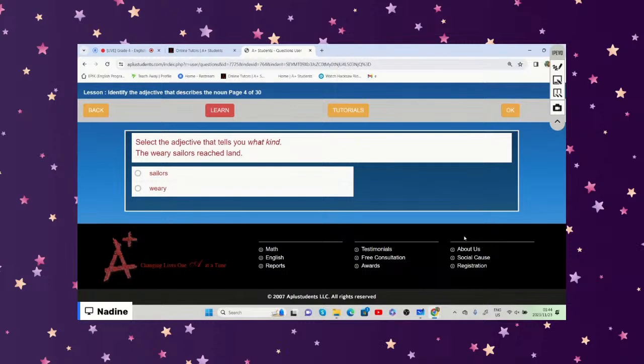So now we need to select the adjective that tells you what kind. The weary sailors reached land. Is it sailors or is it weary?